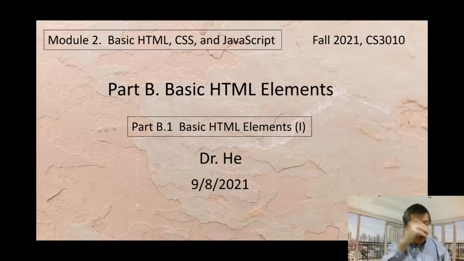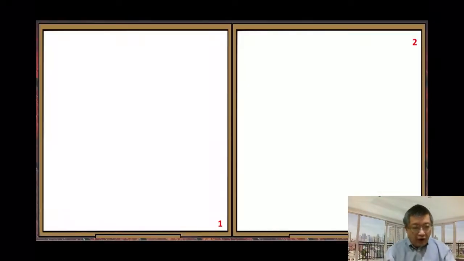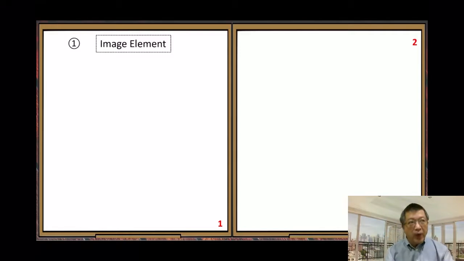All right. So let's look at our first HTML element. In this part, B.1, that's our part 1, we will learn 2 important elements. The first one, image element. I gave it to you in the previous video, but I didn't explain how to use it.